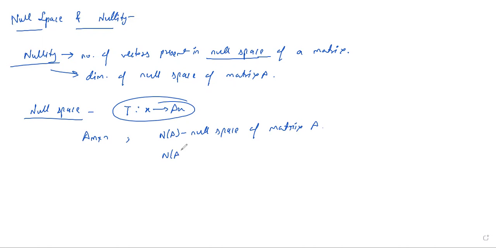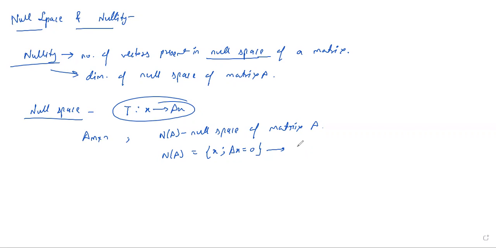The null space of A is actually all those values of x for which Ax is equal to 0. That means you can also say that these are the corresponding solutions of the homogeneous equations. I want to find the solutions of the homogeneous equations, and those solutions are my null space of the matrix.